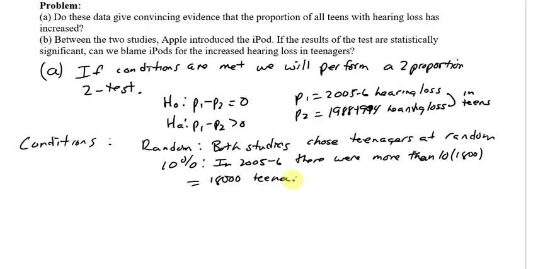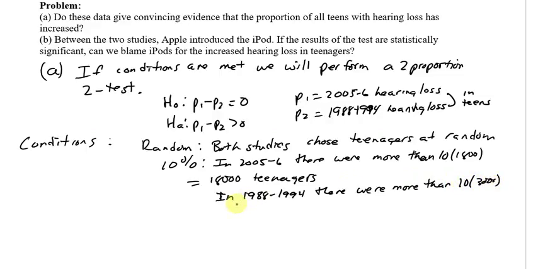In 1988 to 1994, there were more than 10 times 3,000, 30,000 teenagers. So the 10% condition is met, so of course we can use our normal model, so we can calculate the standard deviation, large counts.